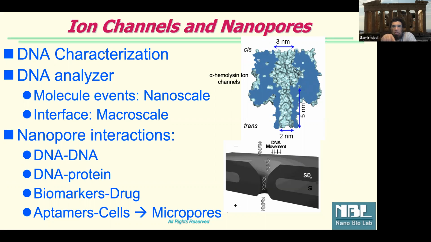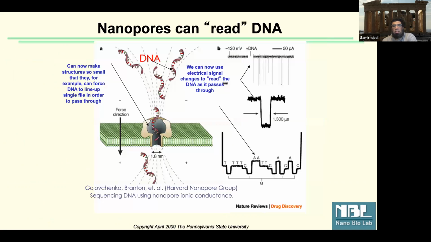We can measure an electrical signal. We can measure DNA, proteins, biomarkers, drugs, a bunch of things. How it works is we put two electrodes on two sides, like in this example, and we measure current, right? Ionic current. Ions are flowing, but they flow only through that ion channel, which is shown here in the middle.